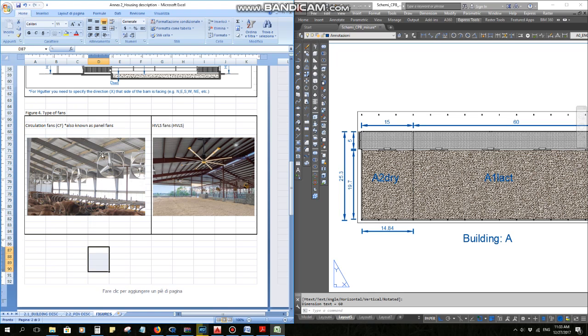These are the circulation fans, sometimes also called conventional fans, this one on the left, and this one on the right is the HVLS fan, which stands for high volume low speed. Usually these are also known as helicopters, at least in my country, but you get an idea of that.